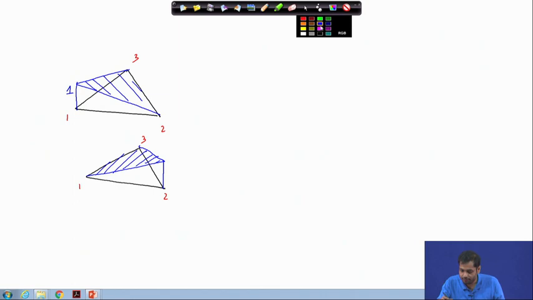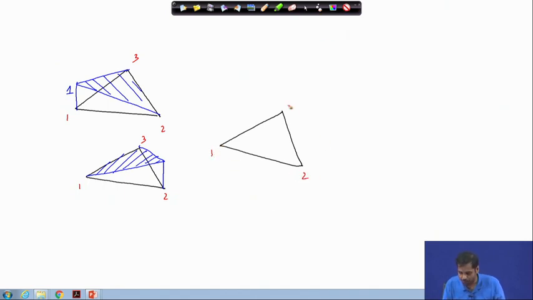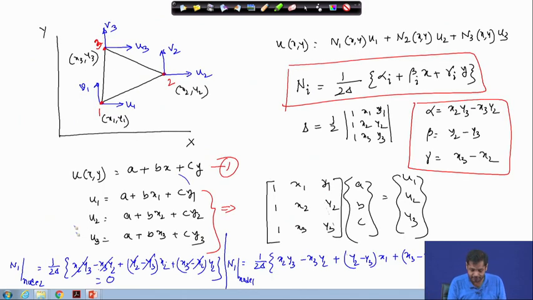And similarly, if I draw it for the other node, so this is node number 1, 2 and 3, for this node it is 1, this is 0 and this will be 0. So this is the shape function, this is 1. Okay. It will be linear because our approximation was linear, so this is a linear function.